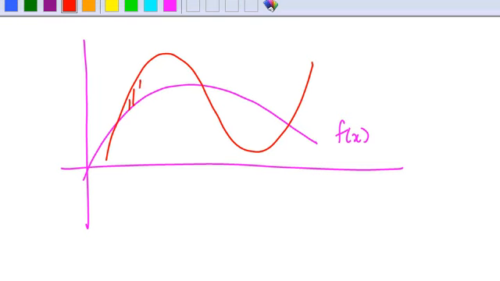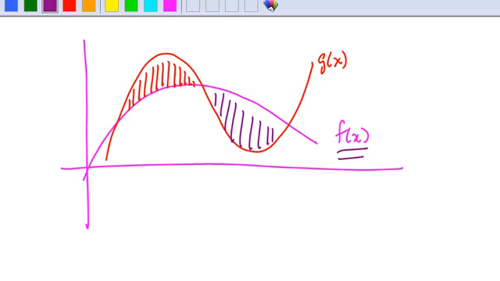So notice in the first piece here, it's the g function that is on top. And for the second piece, which is in purple here, it is the f function that's on top. So what we need to do is, number one, find all three intersection points, and then do two separate calculations. We're going to do the red one first.